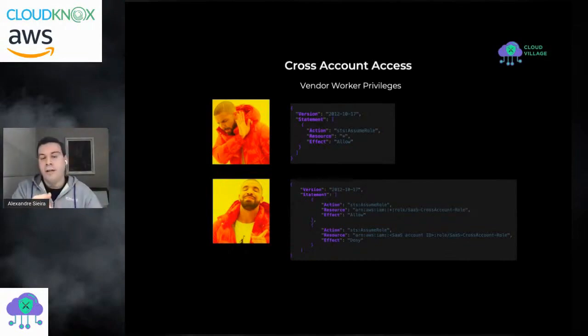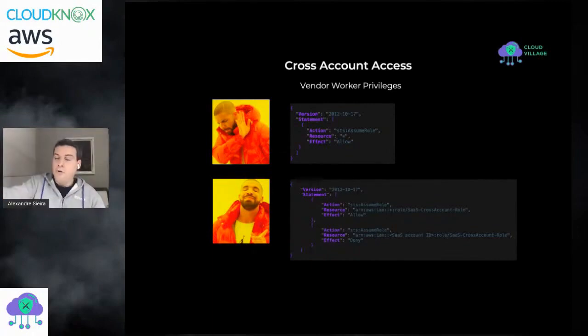Basically, what this is doing is allowing that worker to have unrestricted STS assume role to any role on any account that has a trust policy trusting your account, but also any role inside the SaaS vendor account as well.